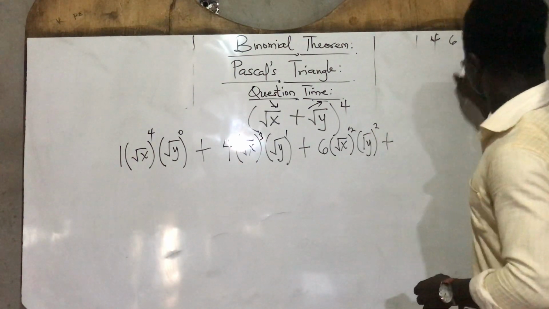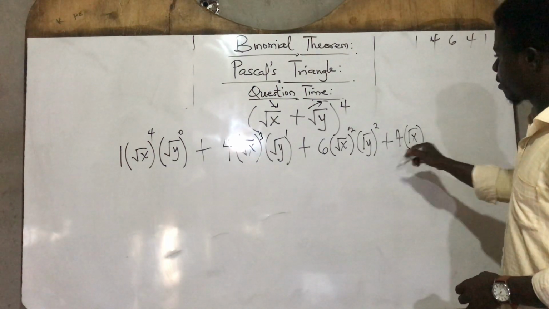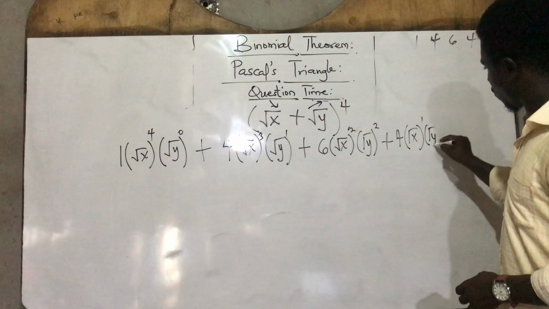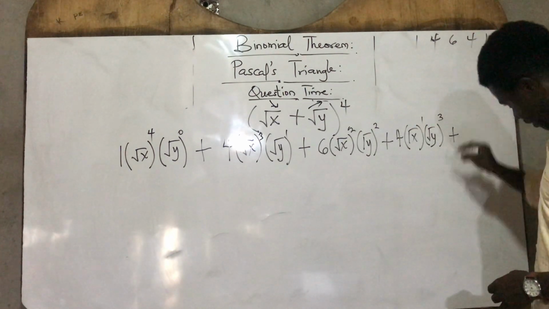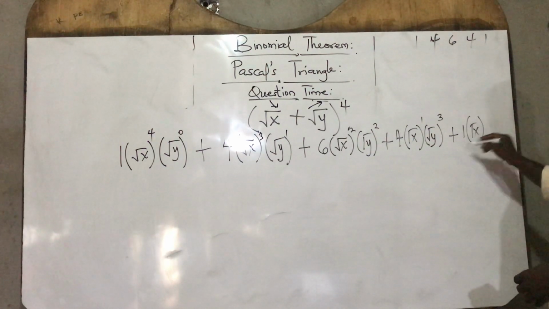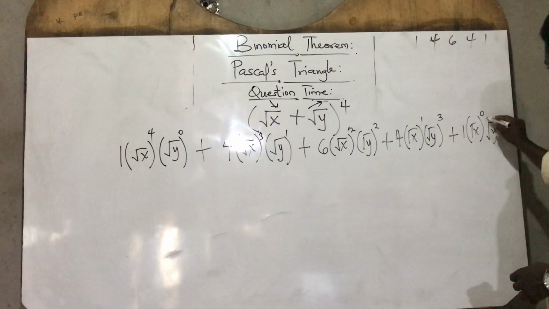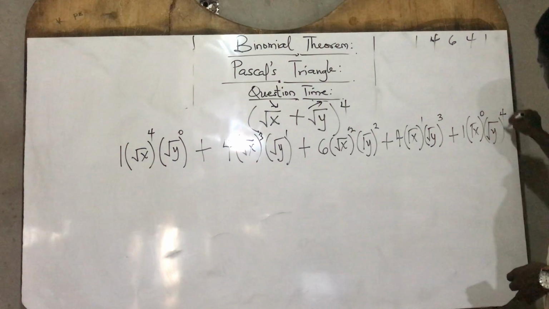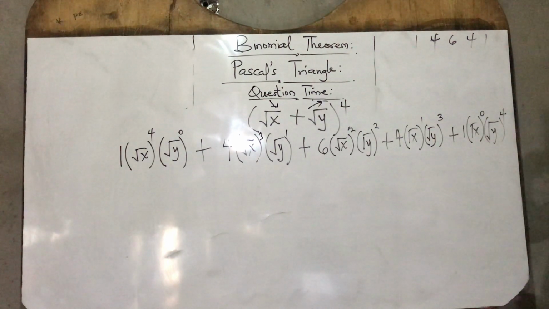Then plus my next coefficient, 4 times square root of x, decreasing, so 1. Then square root of y, increasing, so 3. Then plus 1 times square root of x, decreasing, so 0. Then square root of y, increasing, so you get 4. So that's how it moves.